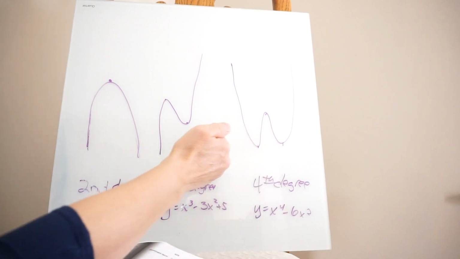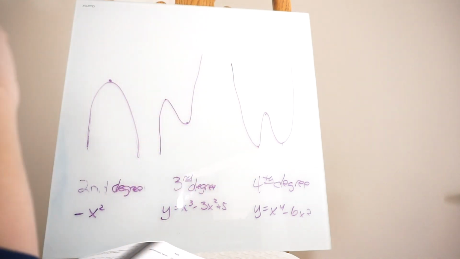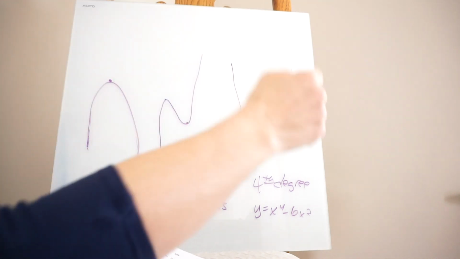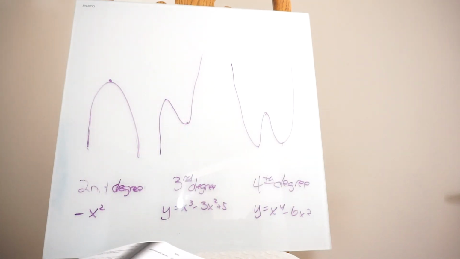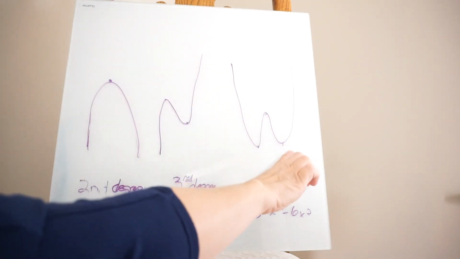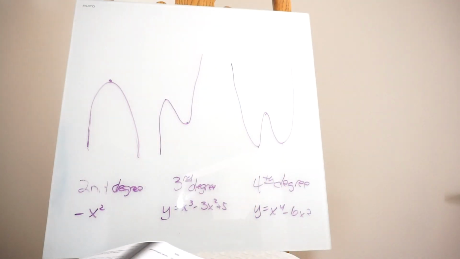So even as you get to the very large negative x values, it's going to become very large positive, and then the same thing for the very large positive x values. As you raise them to the fourth power, that's going to become very large positively as well.